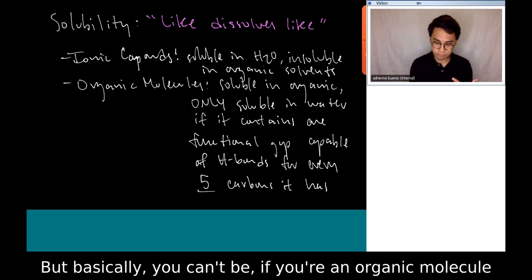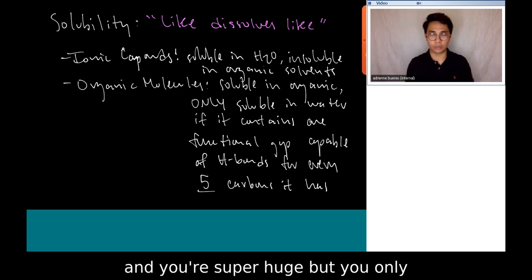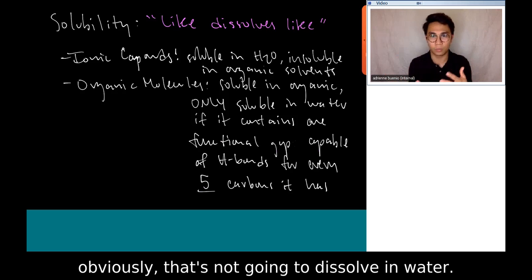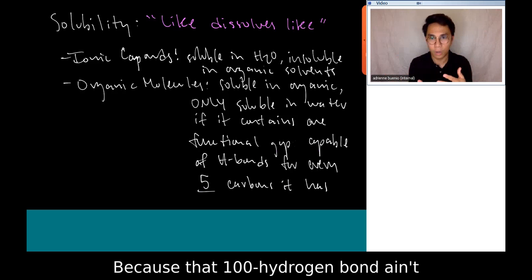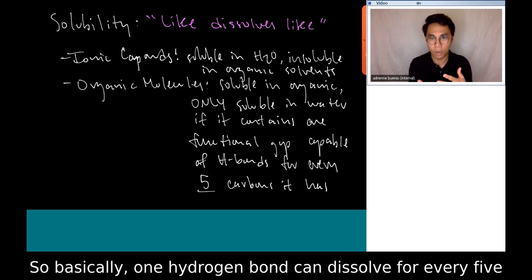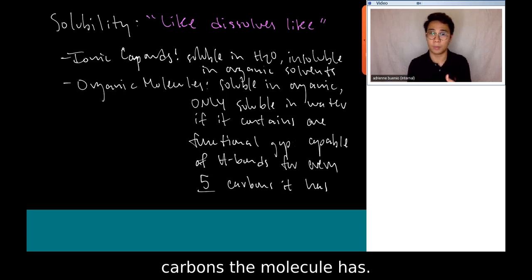But basically, if you're an organic molecule and you're super huge but you only have one hydrogen bond, obviously that's not going to dissolve in water, because that one hydrogen bond isn't going to dissolve that big organic molecule. So one hydrogen bond can dissolve for every 5 carbons the molecule has.